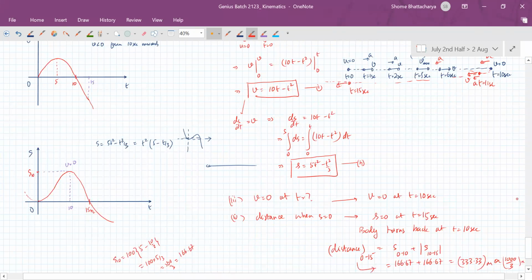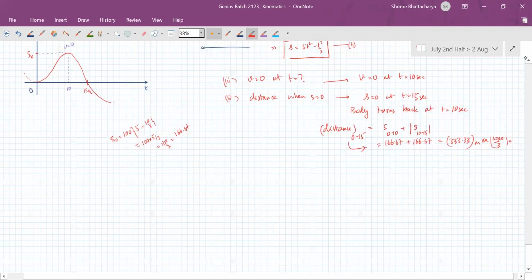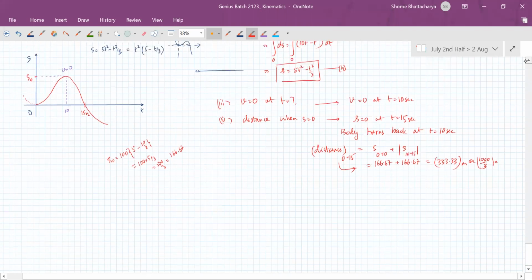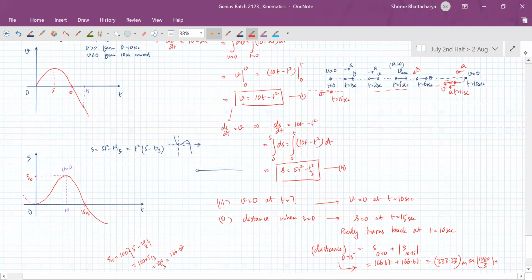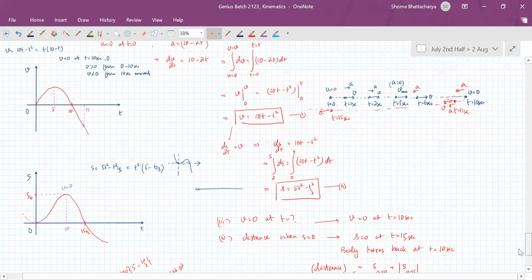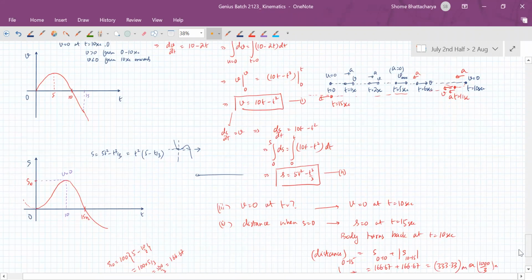This is the total distance. So especially for JEE Advanced level questions, this is one very important aspect of one-dimensional kinematics, when we have to make use of calculus, because the acceleration is variable, so we can't use the standard equations.